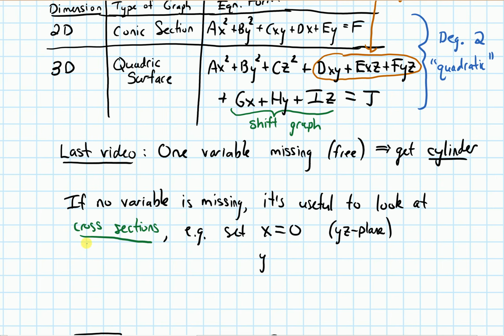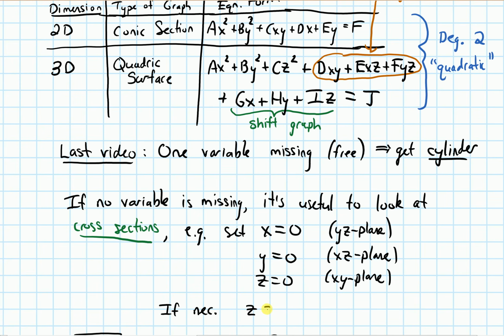Okay, the other basic cross-sections we might look at are y equals 0. And that's talking about the xz plane, and when our graph meets the xz plane. We do z equals 0, and that's the xy plane, and we'd be asking ourselves, when does our graph meet the xy plane?